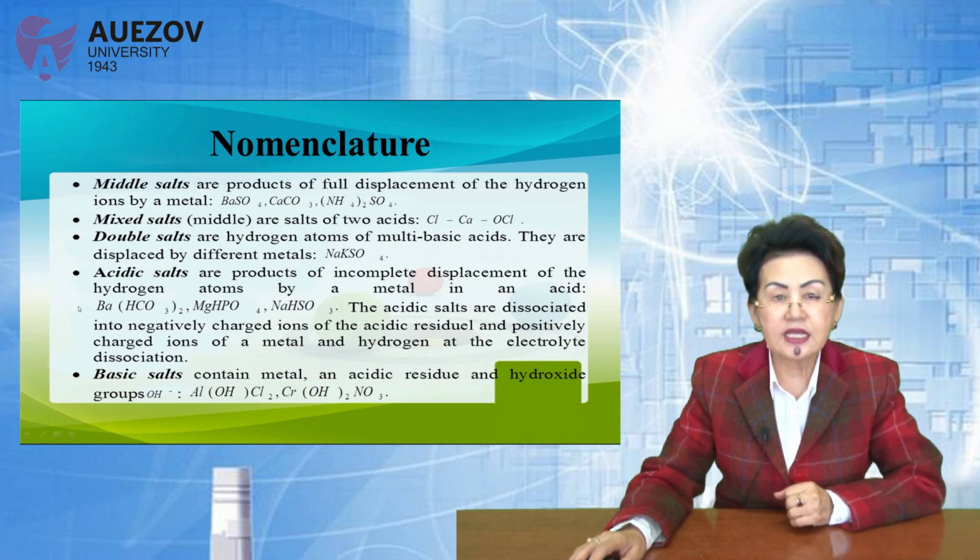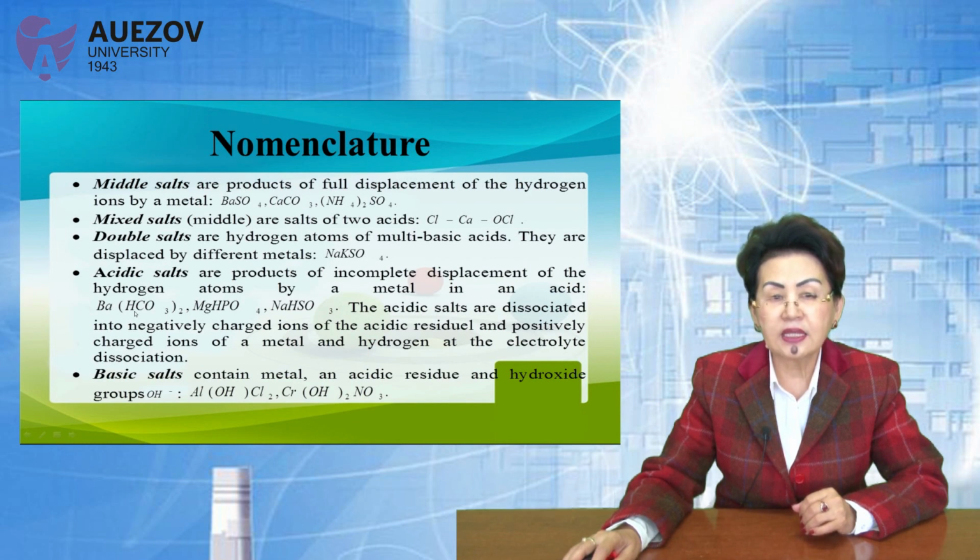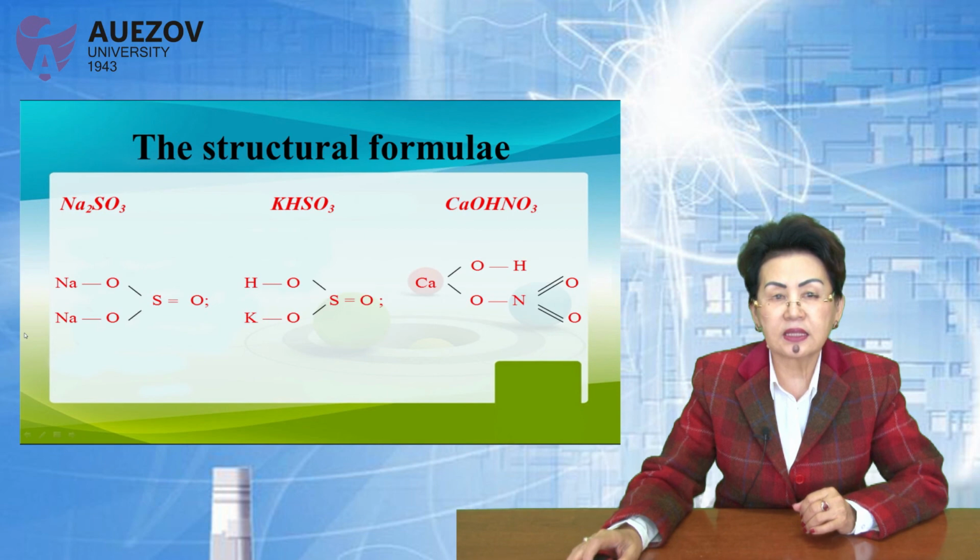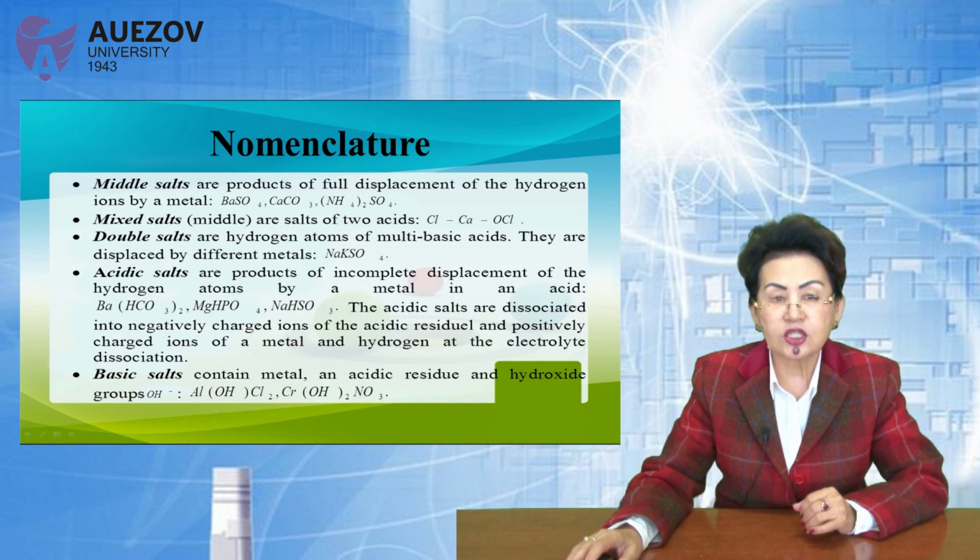Acidic salt consists of a metal cation and one or several hydrogen atoms and acidic residues. The acidic and basic salt. Basic salt consists of metal, several hydroxide ions, and acidic residues.